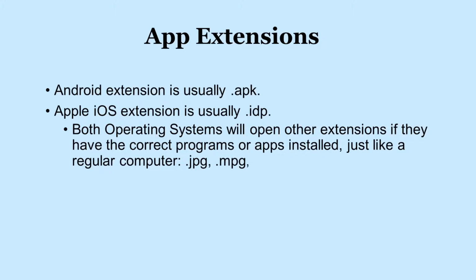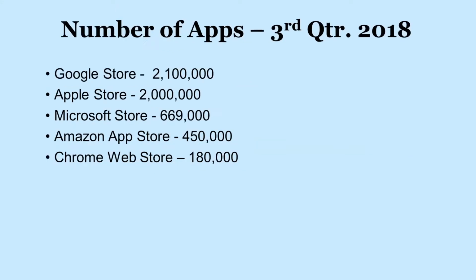So you can open photos, videos, music, etc. from these operating systems. As you can tell, the number of apps, this was 2018, is huge. And they're getting bigger every day.